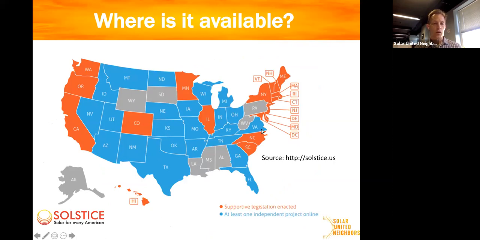We hope other states join this list, but right now the map determines to some degree how much you're able to access community solar in your area. If you're in a red state, chances are you should be able to participate directly. If you're in a state that's blue on this map, you might need to be in a utility area that actually has a program available.